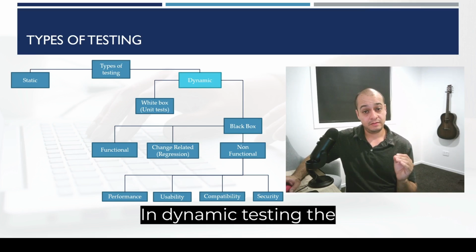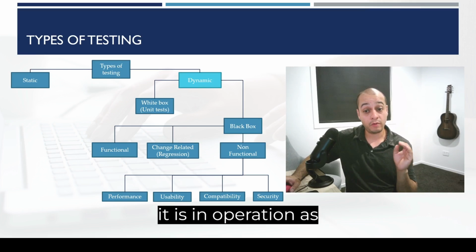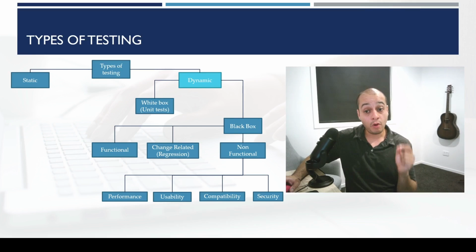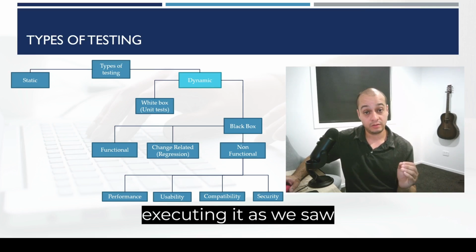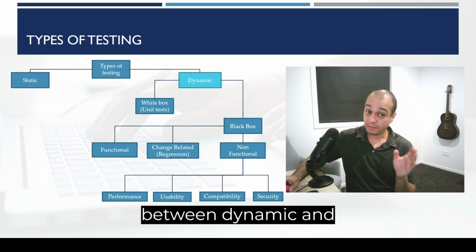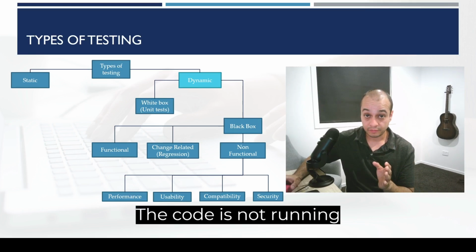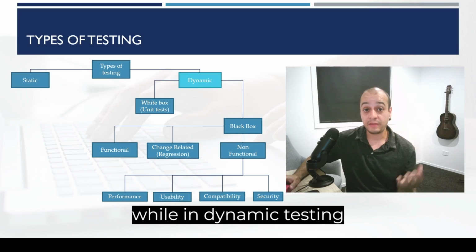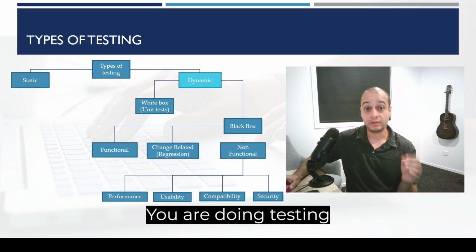In dynamic testing, the software is tested while it is in operation, as opposed to static testing, which is a method of testing software without executing it, as we saw before. So the main difference between dynamic and static is that in static, the code is not running, while in dynamic testing, the code is running. You are doing testing while the code is running.